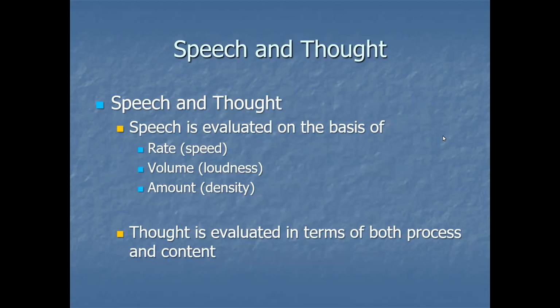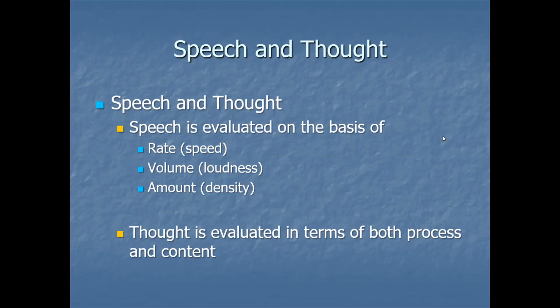When we look at speech, we're first going to look at speech and then we're going to look at thought. But when we look at speech, this is evaluated typically on the rate, meaning the speed. Is it increased and pressured, or is it decreased and monosyllabic, or is it latent? We're looking at rhythm, or how they're articulating.